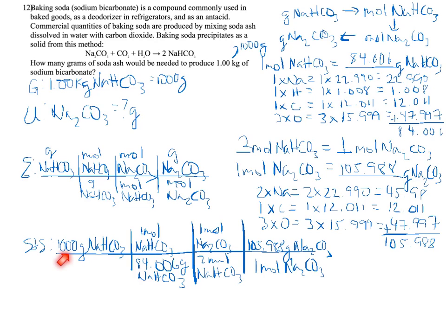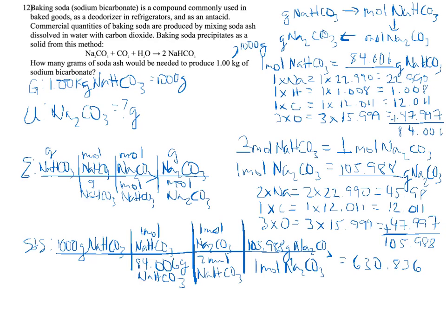We're taking our 1,000 grams, dividing it by 84.006, dividing by 2, and then multiplying by 105.988. And we get 630.836. That's with some rounding there.